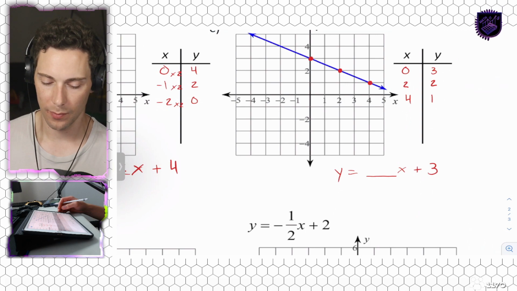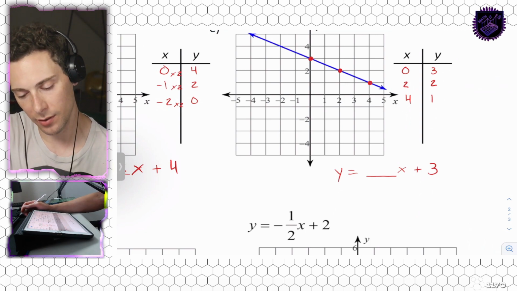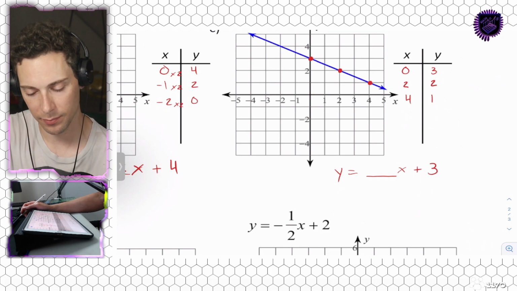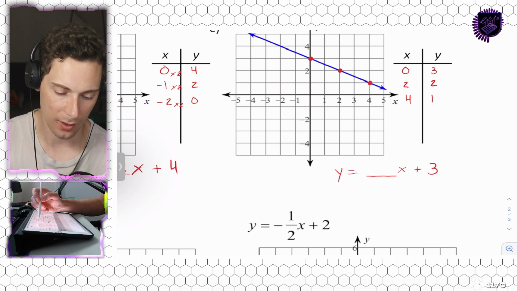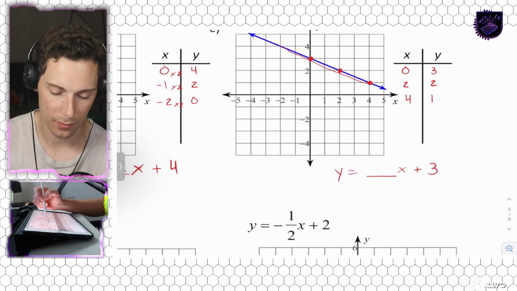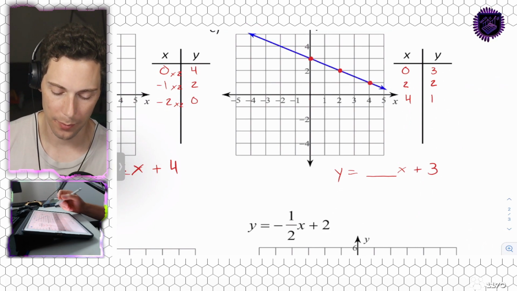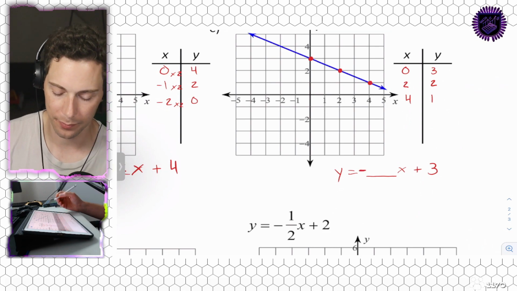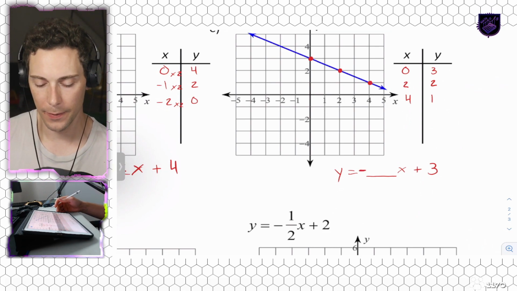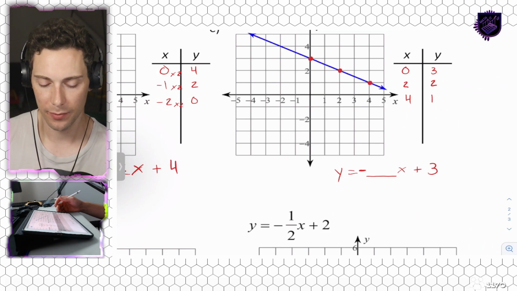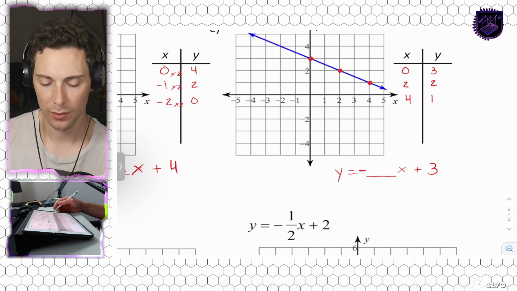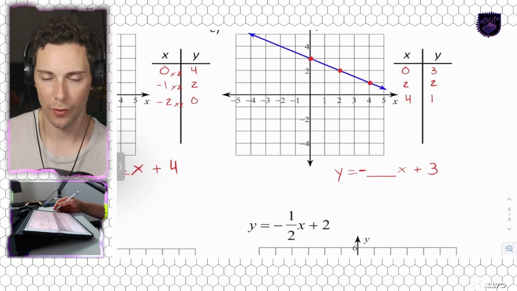So what times x plus 3? You can also see that the slope of this line is negative slope. It's sloping down. So negative slope of 2 over 1 down.